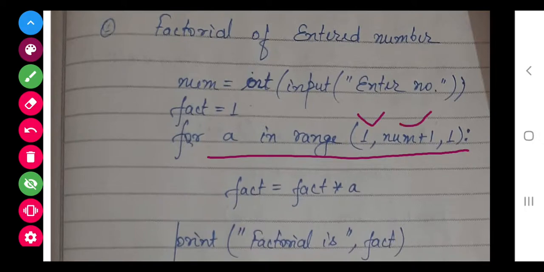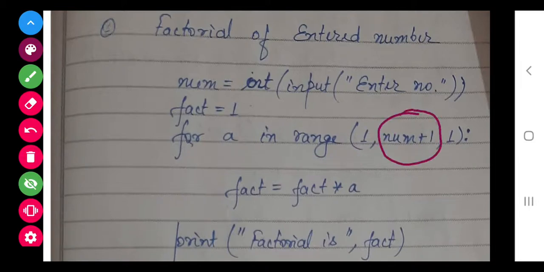If we give num only here, then it will go till 4 and we have to get till 5. So I have given num plus 1, whatever the number will be. Suppose user enters 5, then it will go till 6. In Python it always takes one value less, as I have told you. So for 5 we have to write here 6, and to make it 6 we write num plus 1.